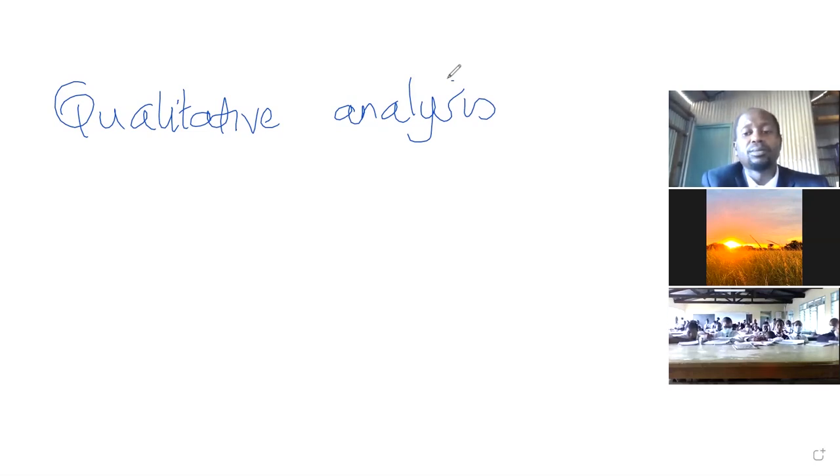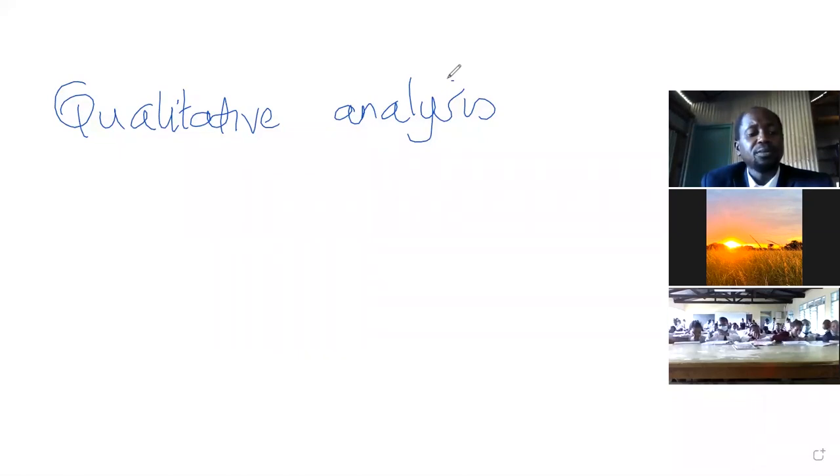Qualitative analysis. Now, this area of the practical is simply delving into that definition of chemistry, where in Form 1 you mentioned the study in part of the definition of chemistry. What is chemistry?